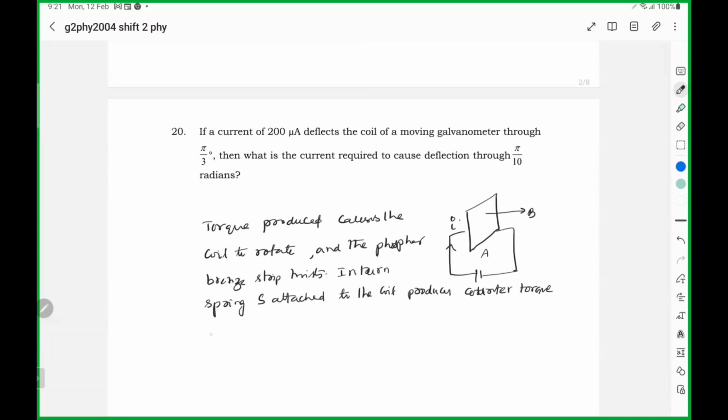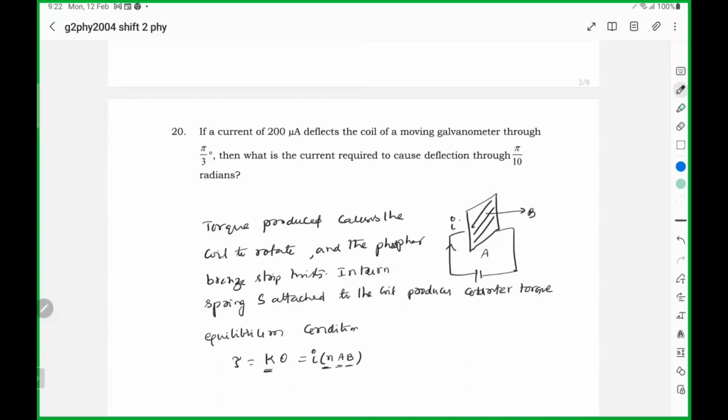So in the equilibrium condition, the torque is equal to k theta, which is B I n A. Here the area of the coil, magnetic field, and number of turns are fixed.